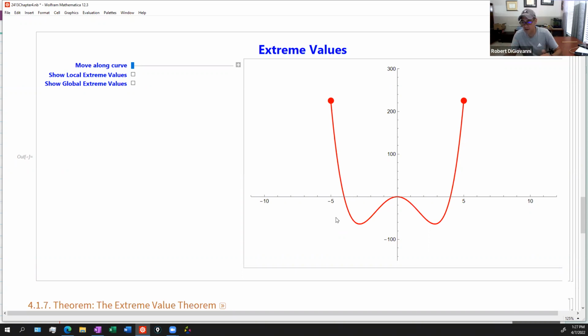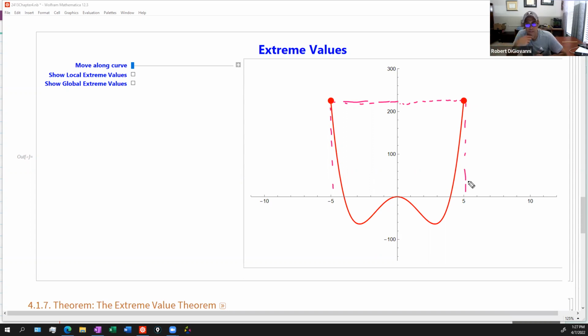The highest value that we get out of this function is however high those two points are. The height of those points is our global maximum value. It occurs at two different places, so we won't say we have two global maximums. We only have one global maximum value. It just occurs at two different x values.